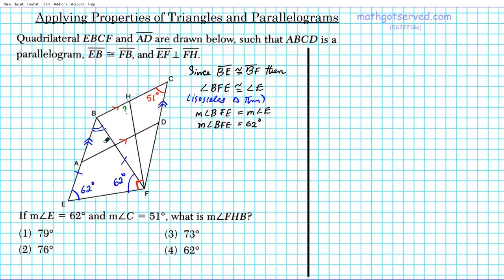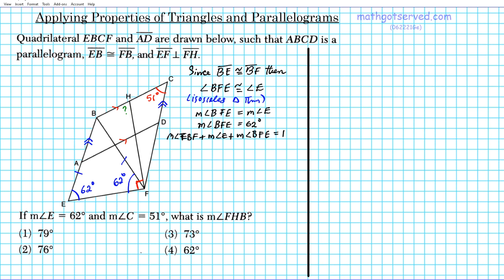So first things first, let's set up an equation. We have a triangle. We know two base angles, so we can find the third angle, right? So we can state that the measure of angle EBF, so this top one right here, plus the measure of angle E, so the measure of this one and this one, plus the measure of the one we just found, the measure of angle BFE, guess what?